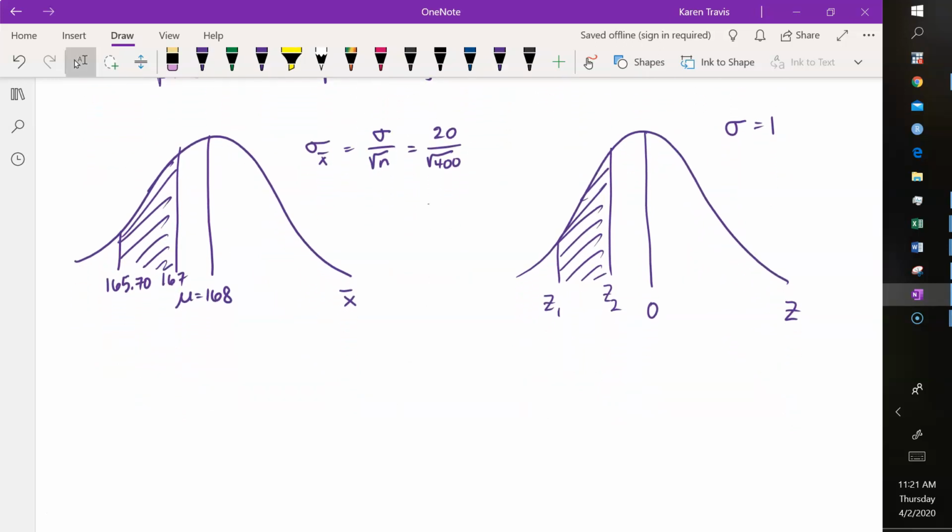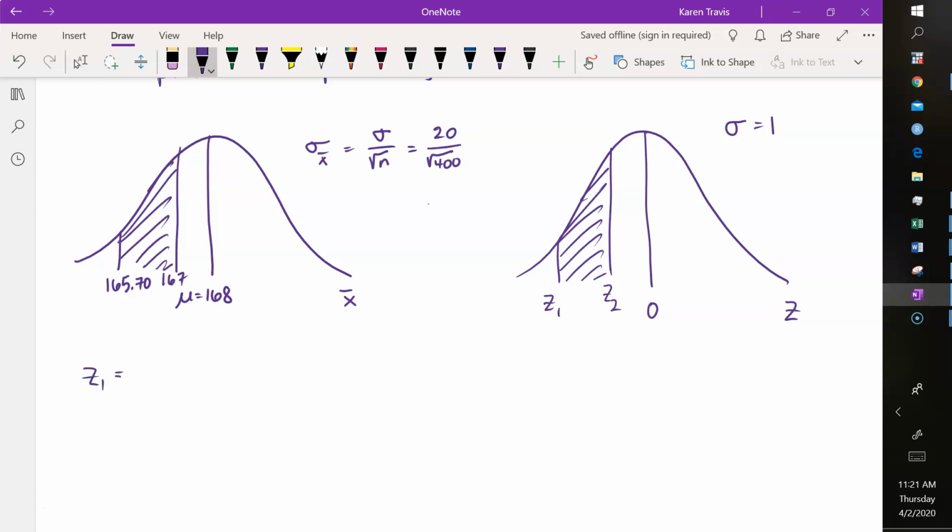So again, what I'm thinking about is if I take a sample of 400 people, after I calculate their average amount of time watching TV, my answer from my one sample would land between 165.7 minutes and 167 minutes.